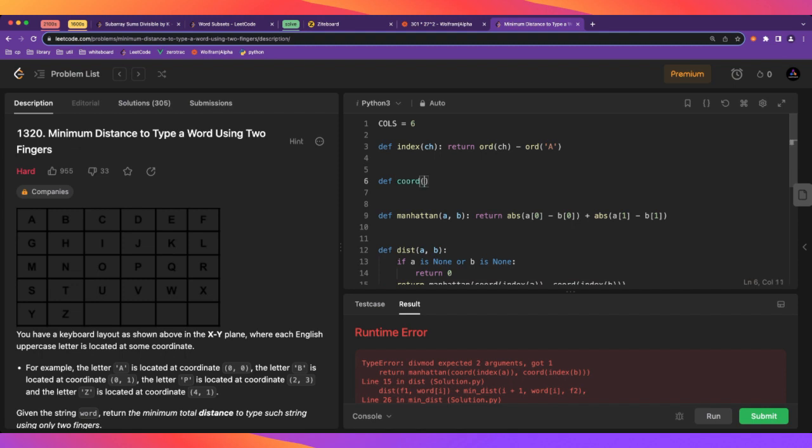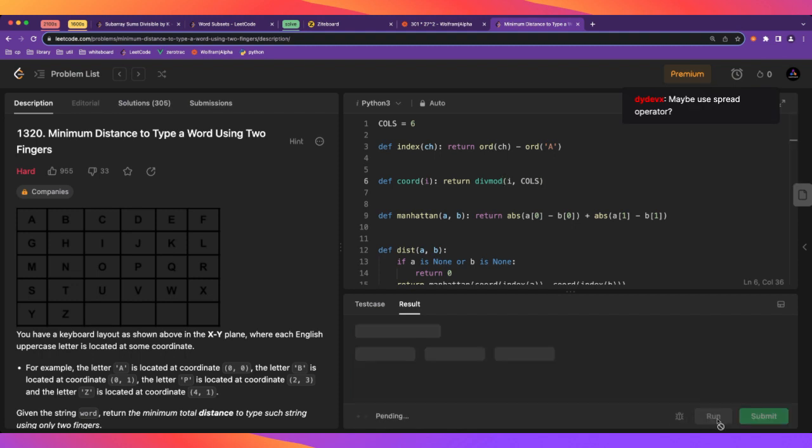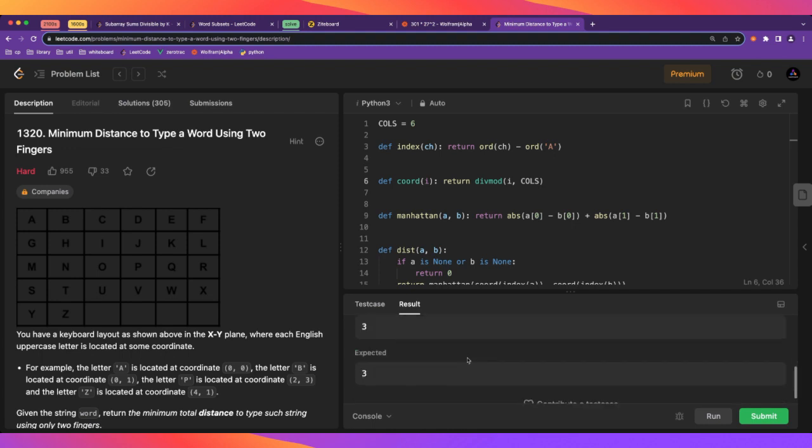So the coordinates of the index is div mod of I and cols. All right. Okay, so we pass the examples.